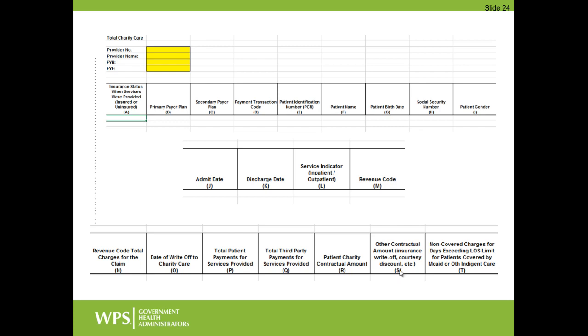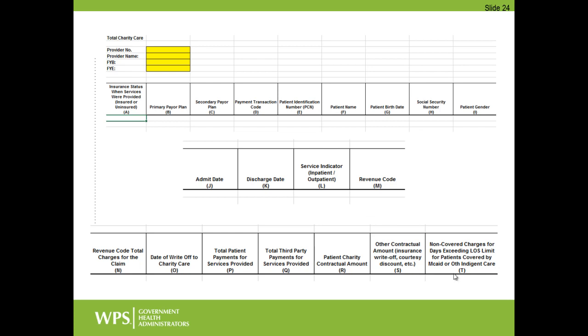Now, the one thing I do want to mention here before we get to this column T is that if the patient paid everything that they were liable for, then if you take revenue code total charges and subtract out all of these other columns, you would end up at 0, because everybody paid what they were supposed to, or the amounts were written off as intended.